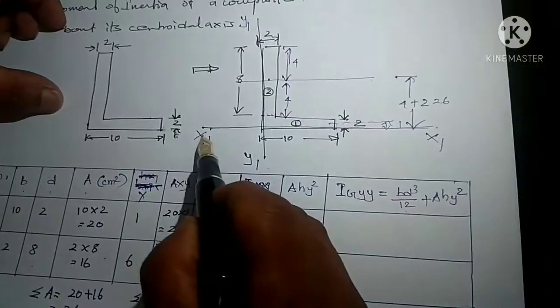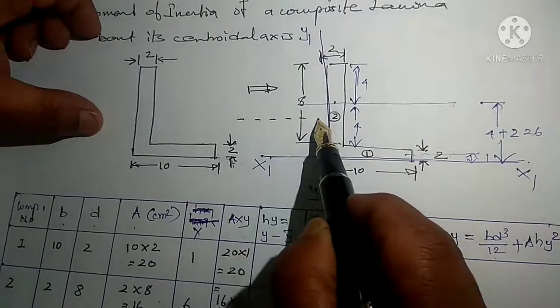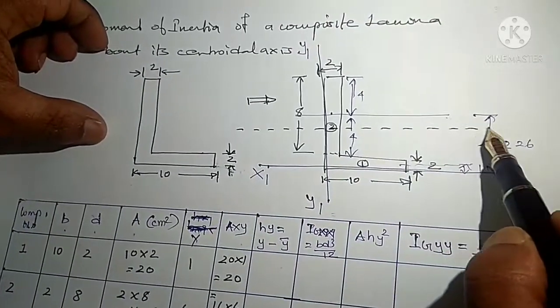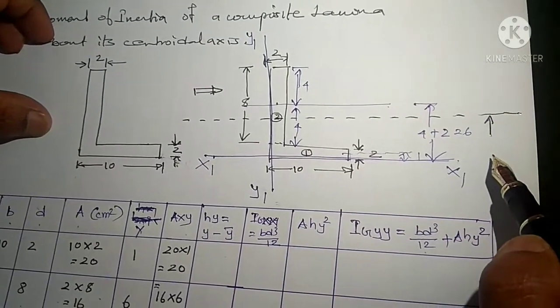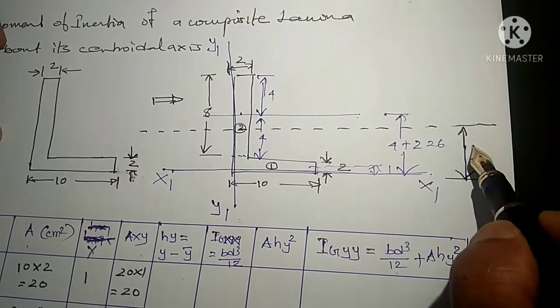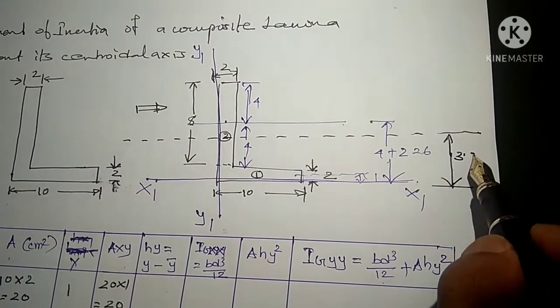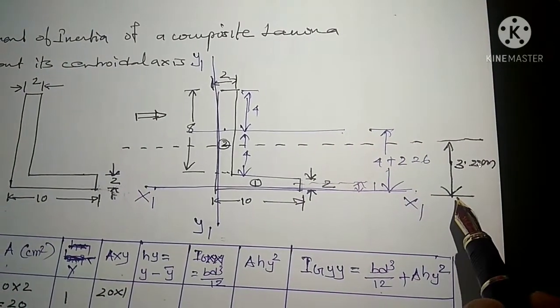So from this x1, we have to draw another line at a distance of 3.22 centimeter from the initial reference axis x1.